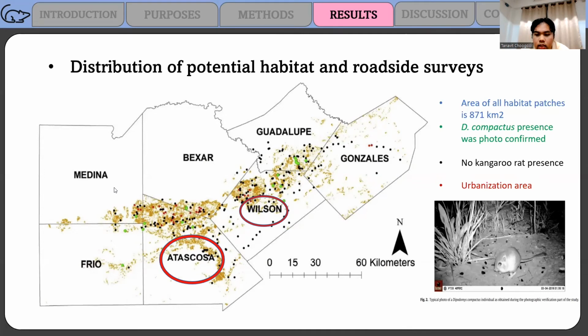The red one refers to urbanization area. The distribution of habitat was very concentrated in Costilla and Willacy counties. The chi-square test applied revealed that the present points were significantly more likely to be in suitable habitat and significantly less likely to be in unsuitable habitat.